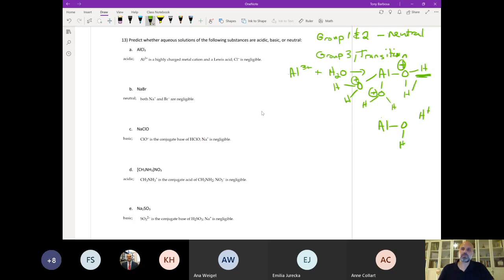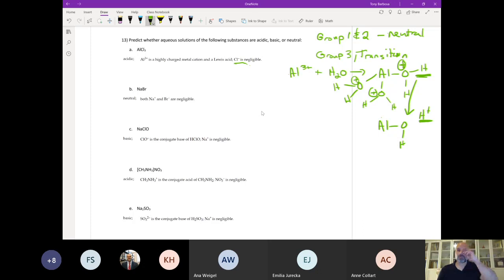So that's this separation that occurs here. So we end up with an acidic solution because group 3 or any of the transition metals, and basically most of the rest of the metals in the periodic table, are going to give off protons when they react with water.